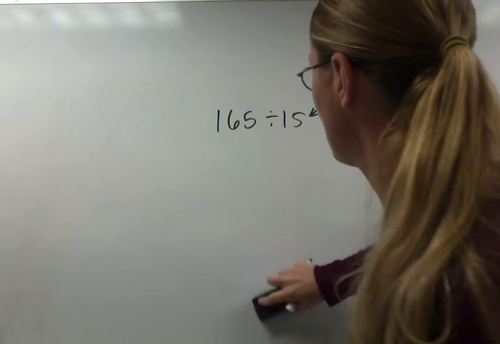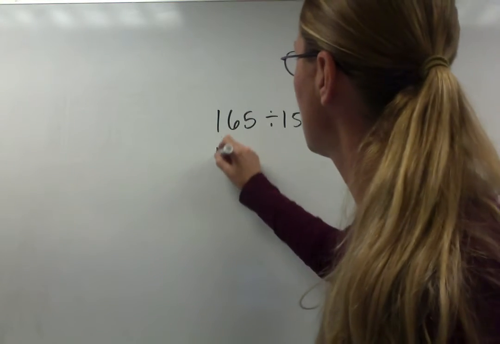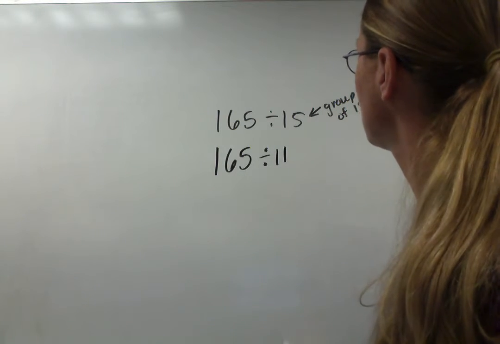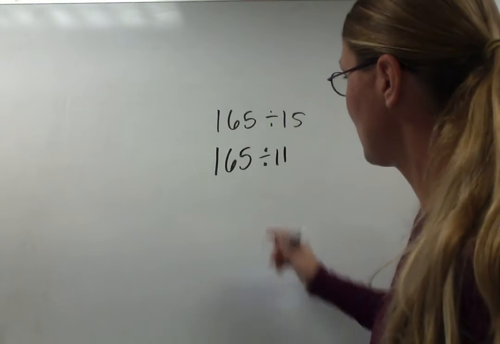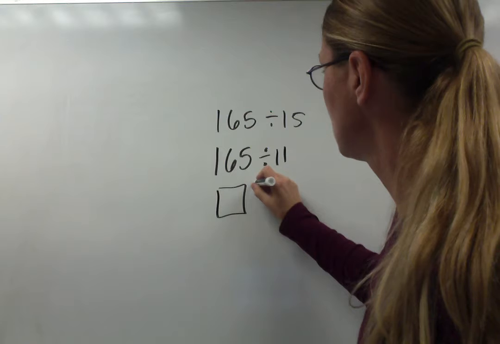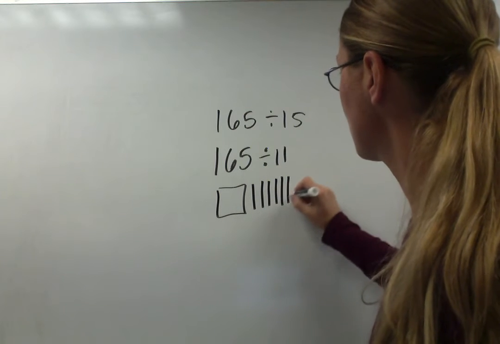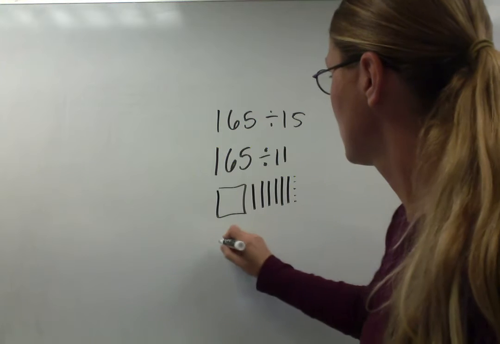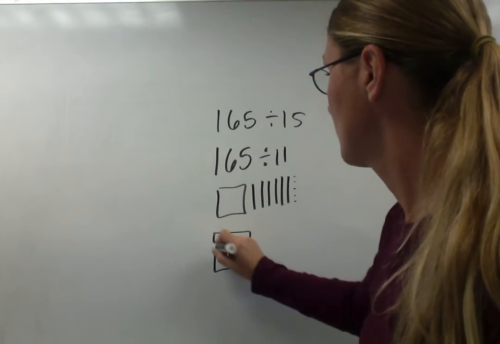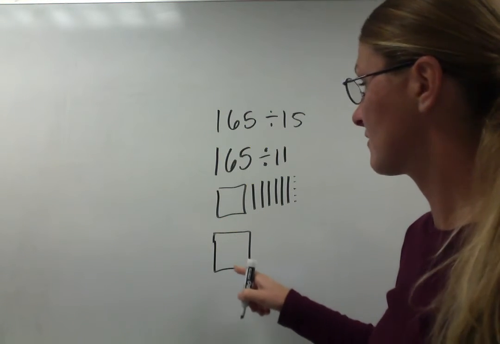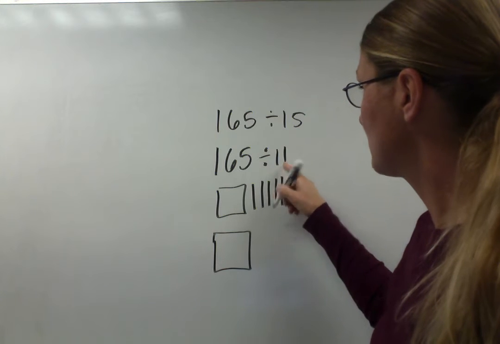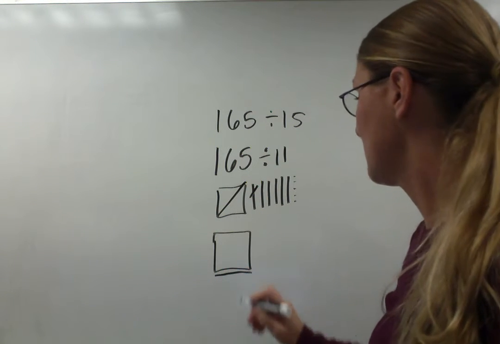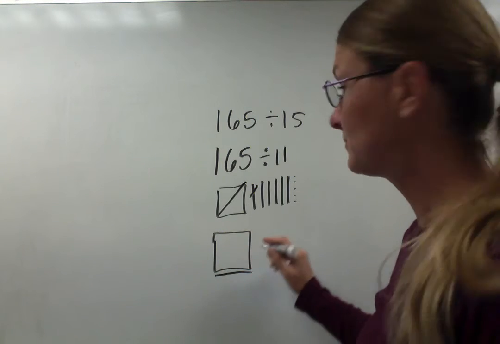I could look at this problem a different way. I could have done 165 and divided it by 11, okay? So I can make groups of 11, so I still have 100, 1, 2, 3, 4, 5, 6. Okay, 1, 2, 3, 4, 5. I'm going to start out again with 10 rows of 10 inside my hundreds block. I need rows of 11, so I'm going to take one of these, turn it sideways, and make each of those 11 blocks long.